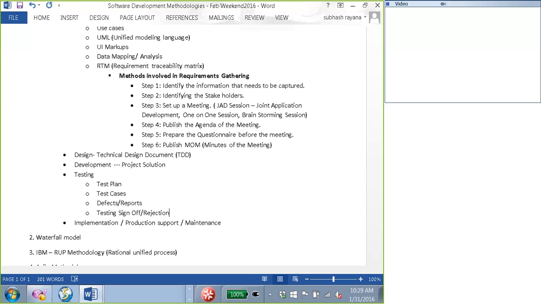Now, in the implementation phase, once the product goes to implementation, the product will be installed or promoted to the customers. Implementation is all about rolling out the software to the customers. There are different ways of doing it.